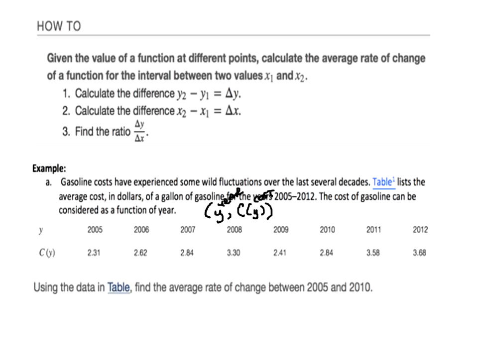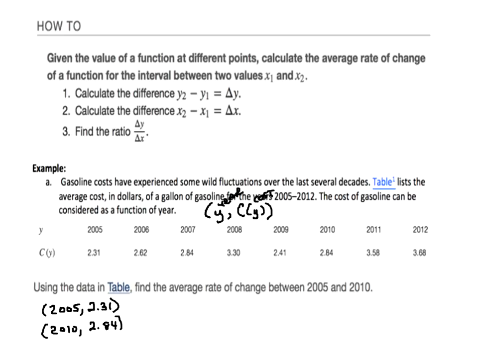So that's what every point here looks like. So if I want to set up the points for 2005 and 2010, I have the point 2005, and the cost during that year was $2.31. And then I have the year 2010, and the average cost was $2.84. So I've got my 2 points that I need.